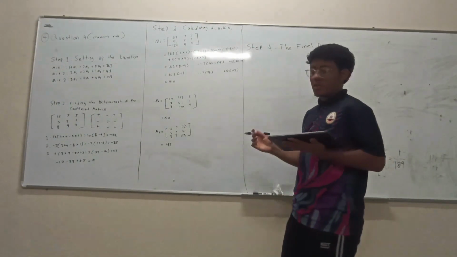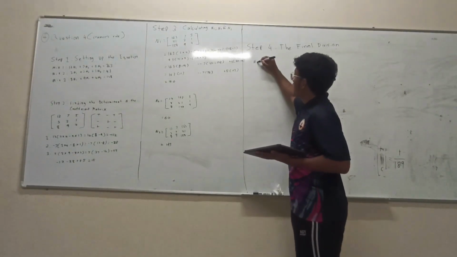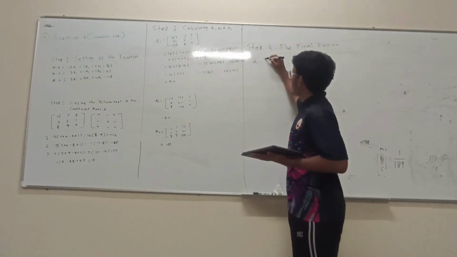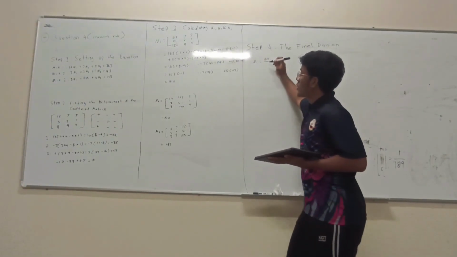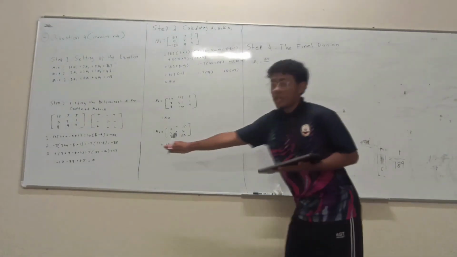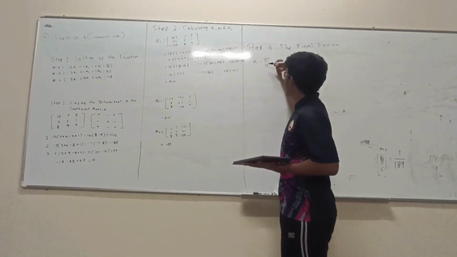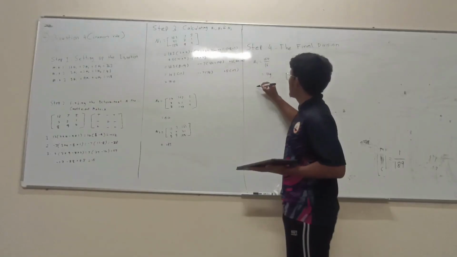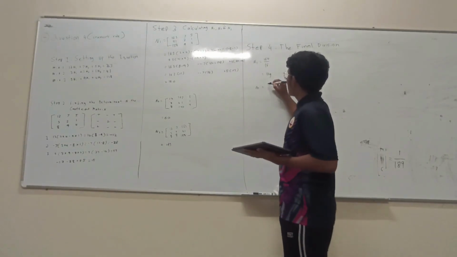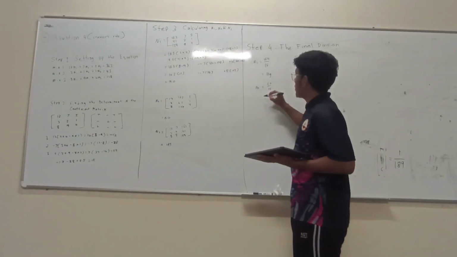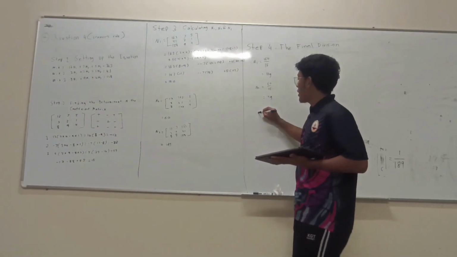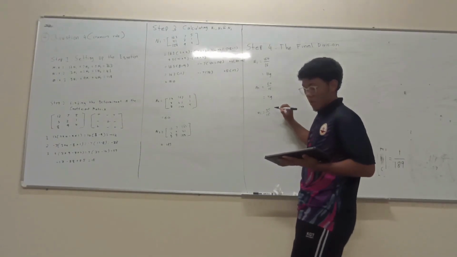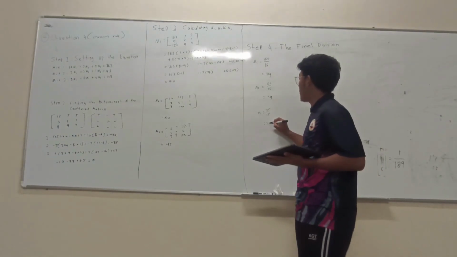For division 1, we get 150 per 15, and the answer is 10 grams. For the next one, 60 per 15, we get 4 grams. And for the third, 45 per 15, we get 3 grams.